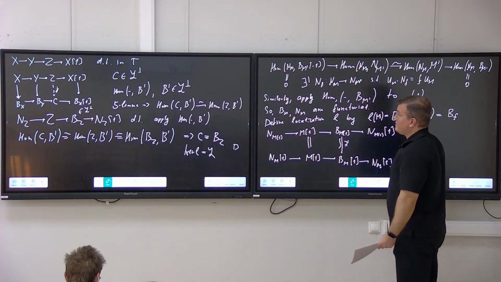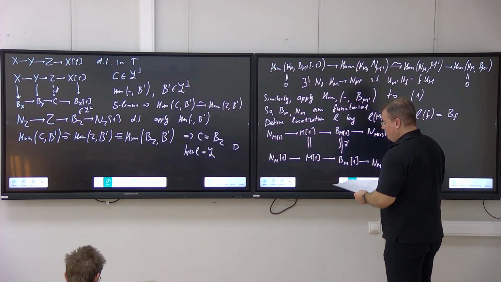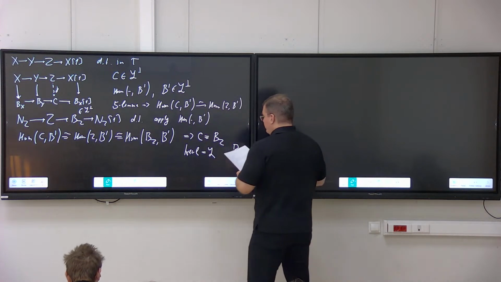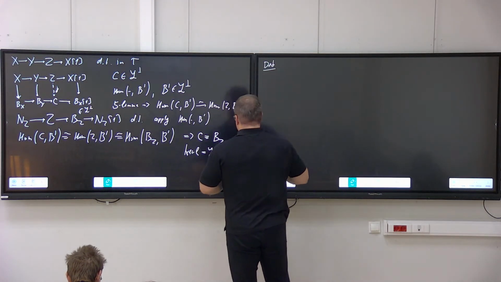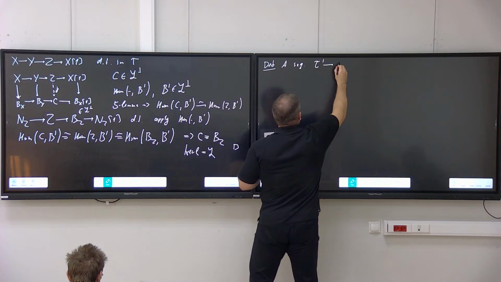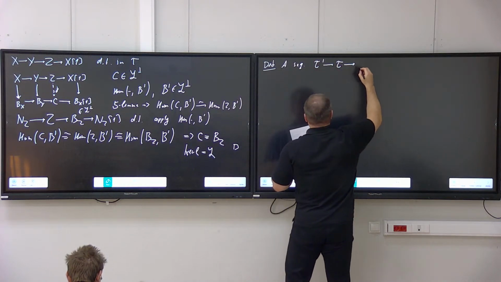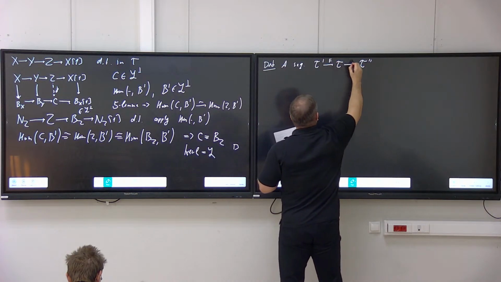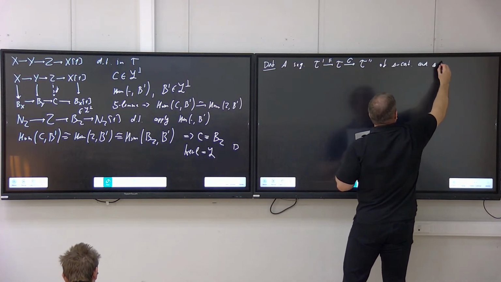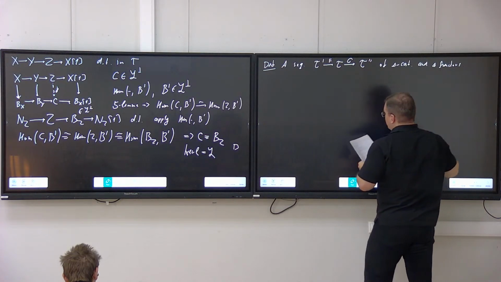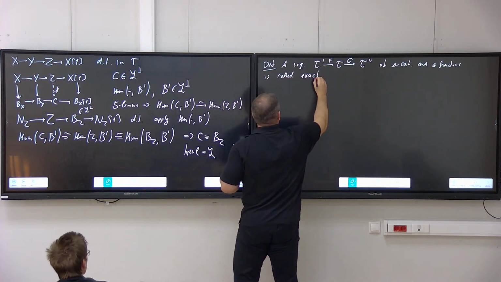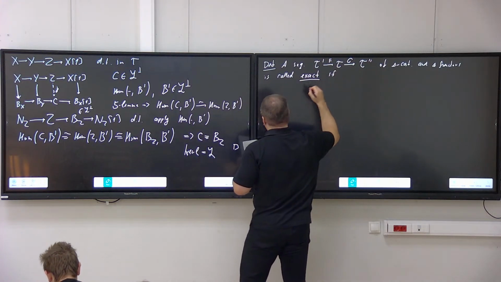And by more or less the same proofs, you can prove other statements. I don't want to prove them, so I'm going to formulate them and leave them as exercises. So there are two definitions, kind of tautological. A sequence T prime, T, and T double prime with the functors F and G, so this is a sequence of triangulated categories and triangulated functors, is called exact if I have three conditions.